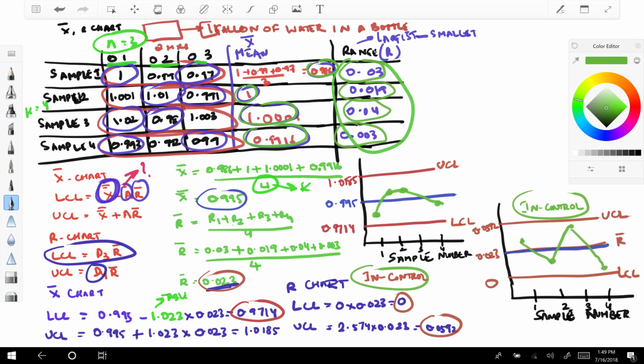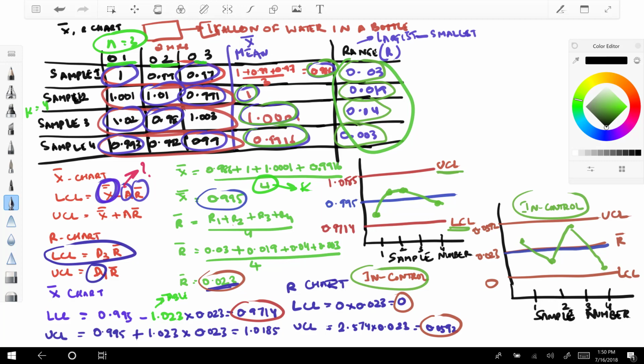The other thing is, in control charts it's not only about lying within the control limits. If there are patterns, then also the process is going out of control.